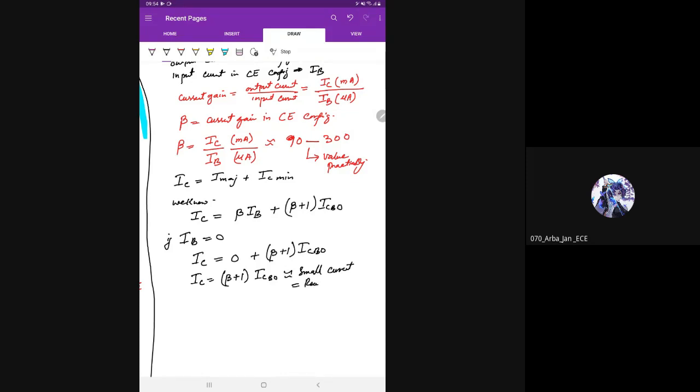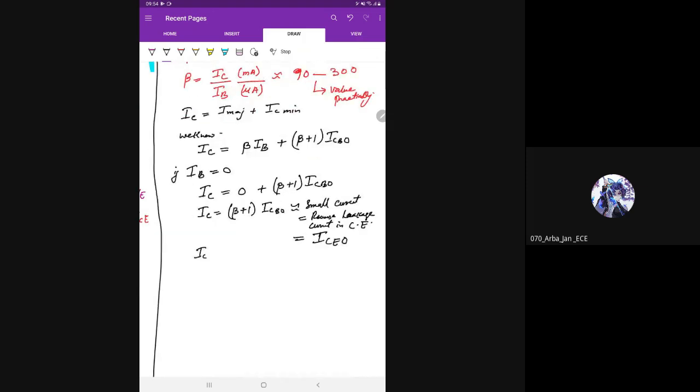It is the reverse leakage current in common emitter configuration. Therefore, it can be represented by ICEO. Now we can say that IC equal to beta plus 1 ICBO is equal to ICEO, the reverse leakage current in common emitter configuration.